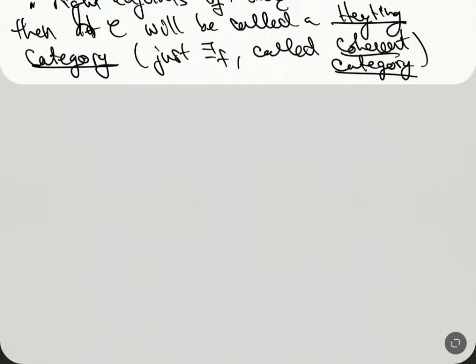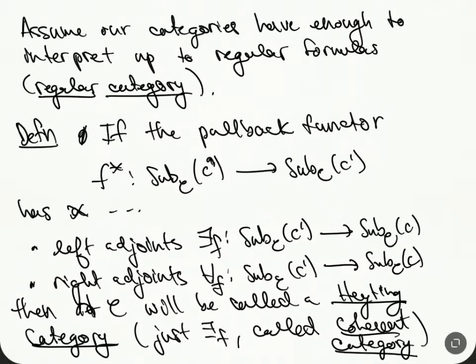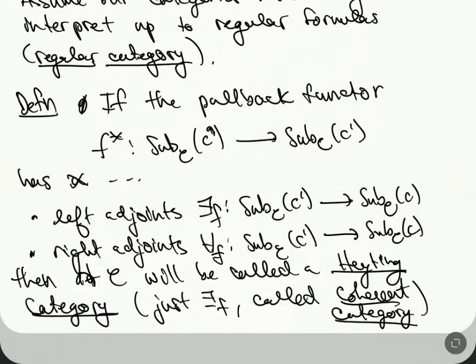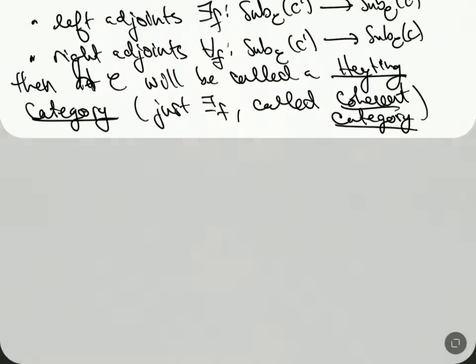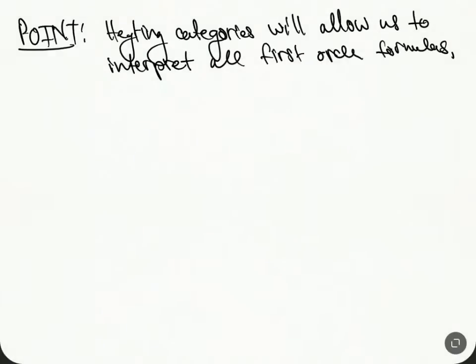Okay, so we have these categories. I should mention that there's also a notion of a Boolean category. I could go on and say more about these, but you can get the idea from what I'm saying already: you add structure to the category in order to interpret more formulas. The Boolean categories are ones where these things are complemented, meaning that for every object there exists another object which, when we take the join of them, we get the maximal element.